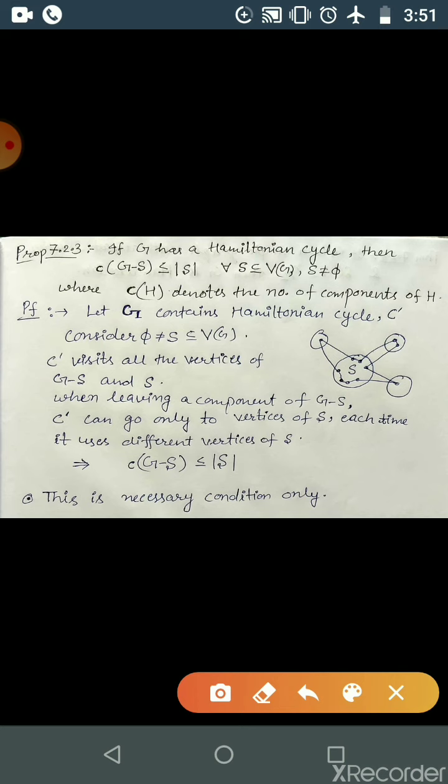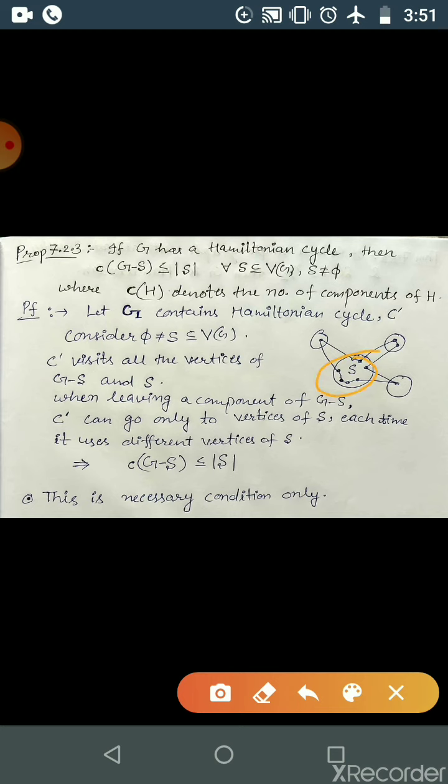So it will be using different vertices of S every time. So when leaving a component of G minus S, C' can only go to vertices of S, and each time it uses a different vertex of S, being a cycle. That's why the number of components will be less than or equal to the cardinality of S, or you can say at most equal to the number of vertices in S.